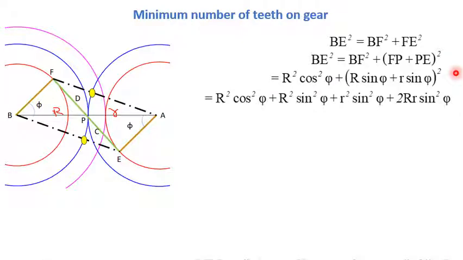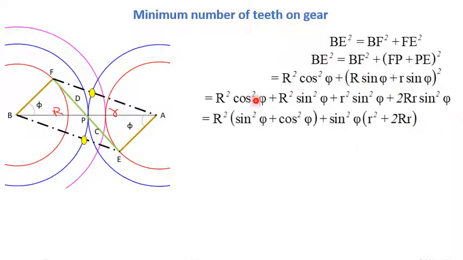So it is in the form of A plus B whole square, therefore we have to expand it: A square plus B square plus 2AB, right? A square means R square sin square phi, plus small r square sin square phi, plus 2 times capital R into small r sin square phi.